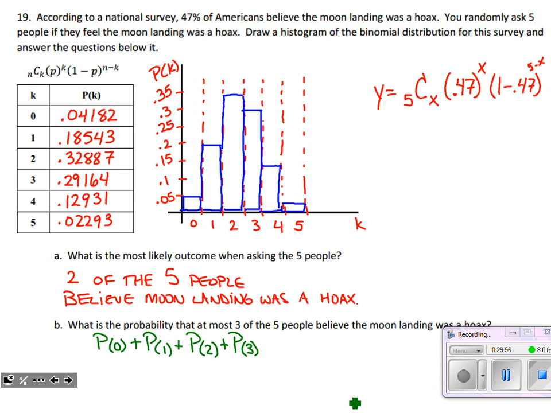So I'm going to look at those probabilities in my table and sum those up. And if we total those up in the calculator, I get 0.8478. Okay, it is an OR situation, so just like we talked about with disjoint and overlapping events, that means we're adding probabilities together.